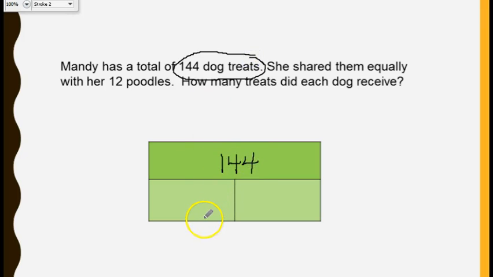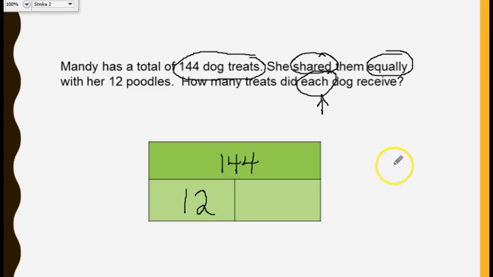And here's another number. She shared them equally with her 12 poodles. How many treats did each dog receive? Each. She's passing them out. She wants to pass them out equally. She's sharing them. All keywords that you're going to be dividing.